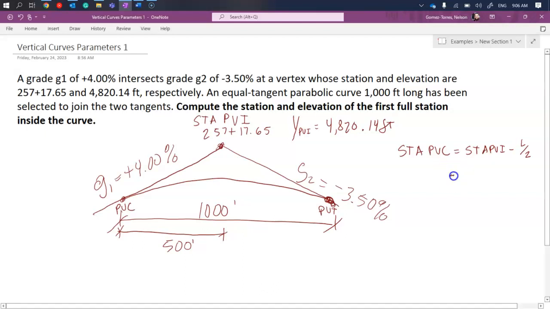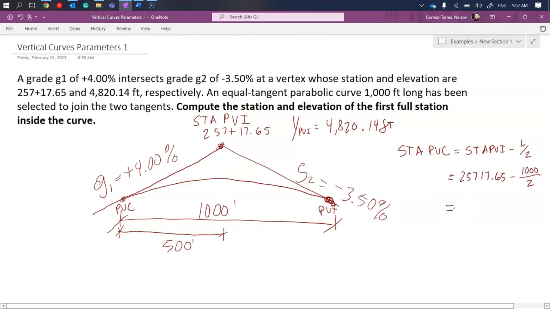So the station of PVI, we know that's 257 plus 17.65. Again, I always do my station math in feet, not really on stations. Our length of curve is 1,000 over 2. That's going to be 500, of course.